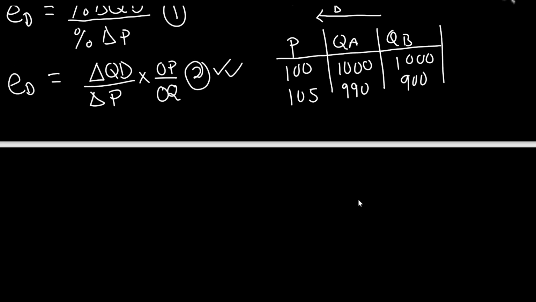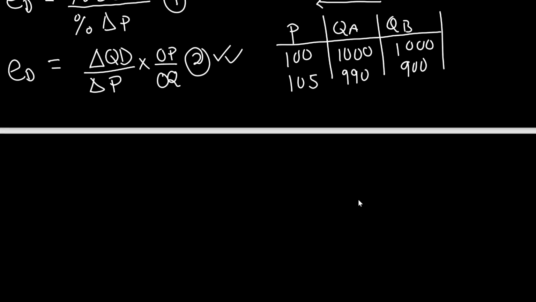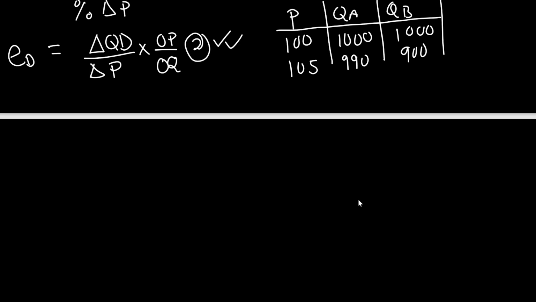Let me keep these numbers up here so that you can see. I'm going to use the first formula, where we have the elasticity of demand as the percentage change in the quantity demanded, divided by the percentage change in the price. How do we calculate percentage change? This is important.